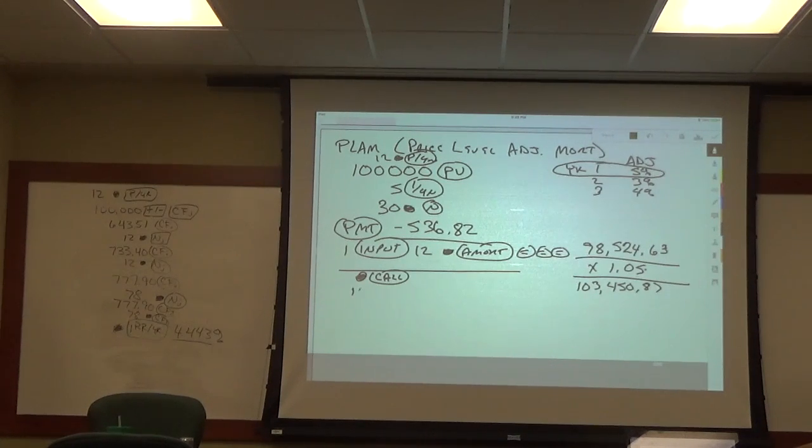And our new loan amount is going to be $103,450.87 for this 5% interest rate. And our term is going to be the remaining 29 years. And we're going to have a new payment. Isn't it supposed to be 3% when you open year two? No.